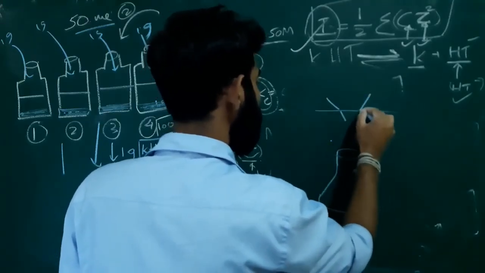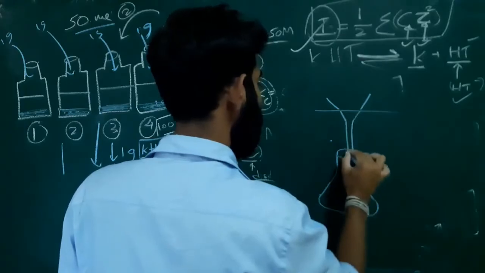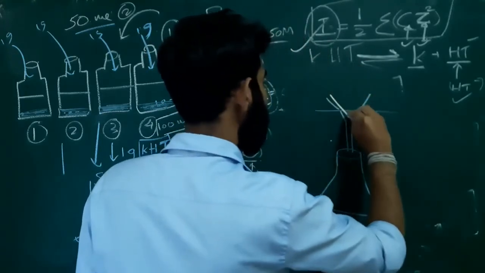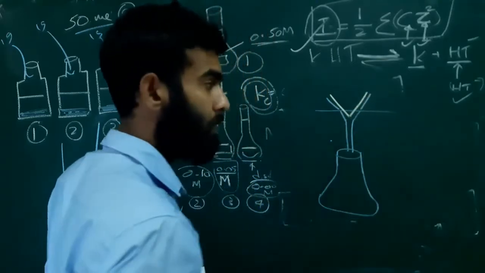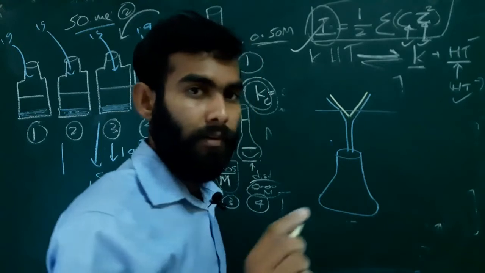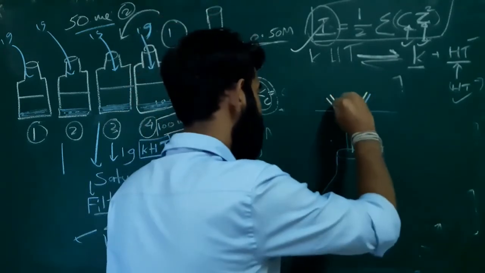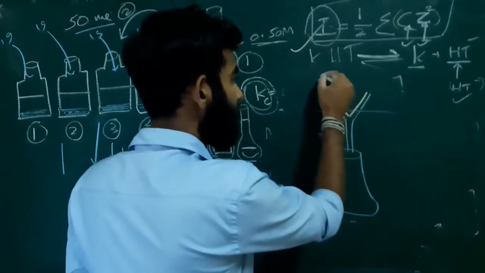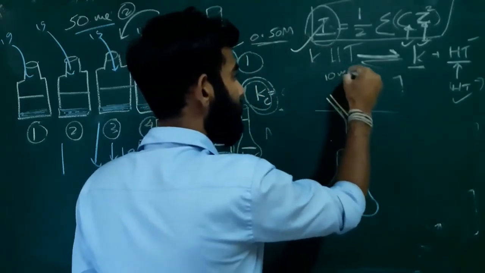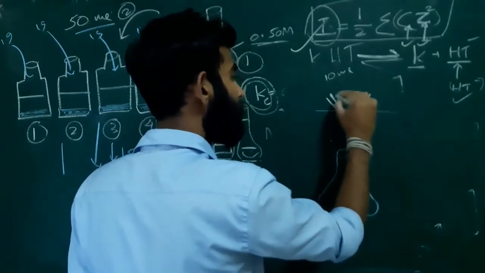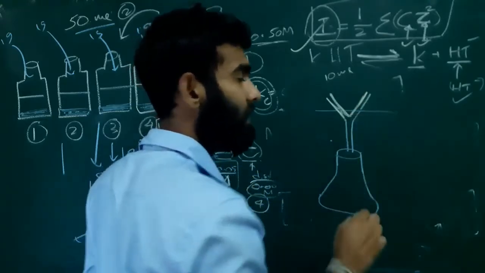This is your funnel, and this is the filter paper, a fluted filter paper. However, before collecting the filtrate, we have to add around 10 ml of solution. We have to pour 10 ml of solution through the filter paper. We have to wet the filter paper.